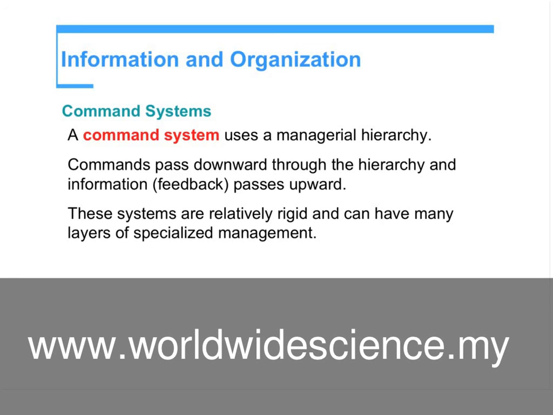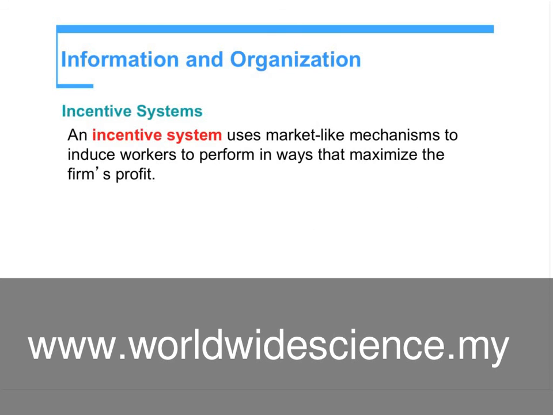So what is incentive systems, though? It uses market-like mechanisms to induce workers to perform in ways that maximize the firm's profit. So the mechanism that the incentive system uses is like a market. It's very similar to a market, and the whole reason is to encourage the workers to perform in ways that maximize the firm's profit.